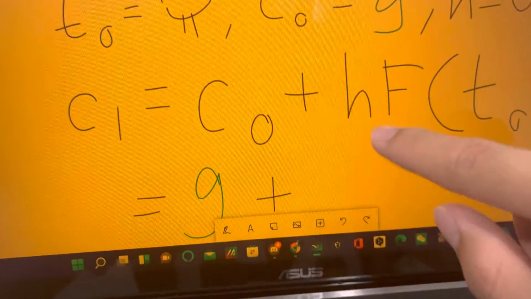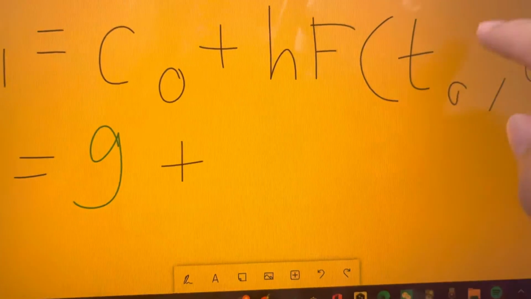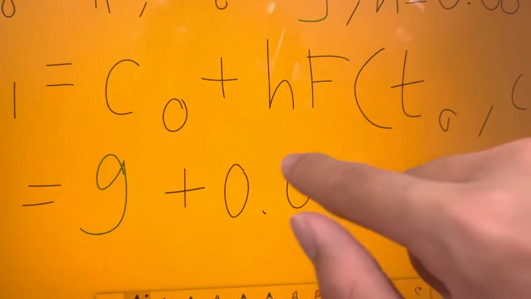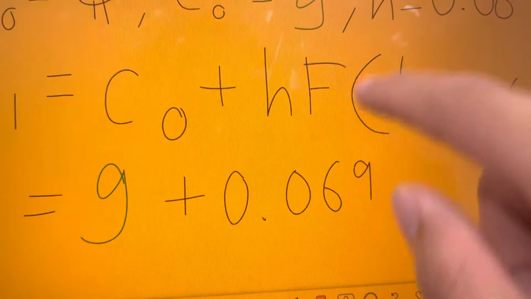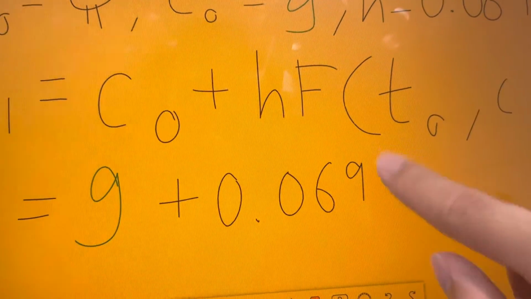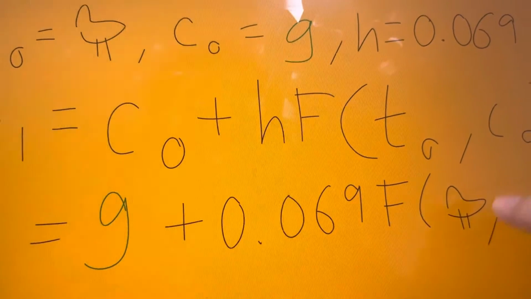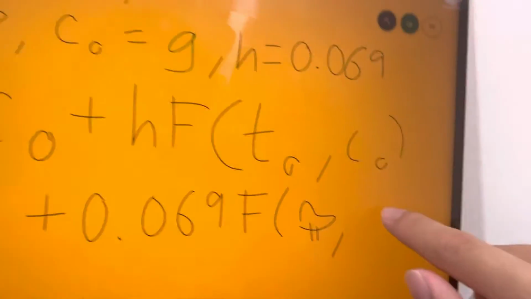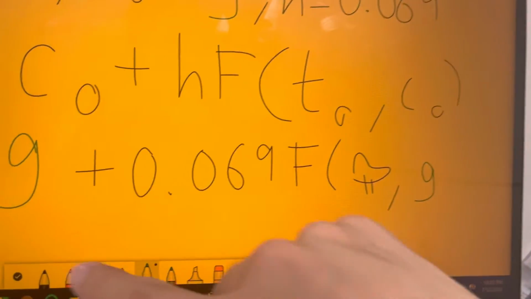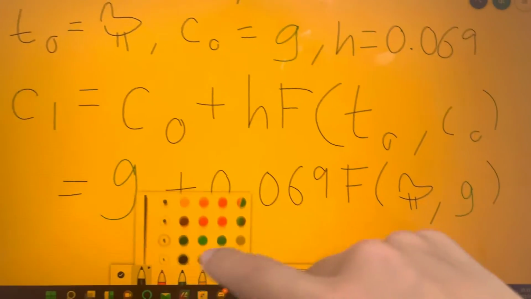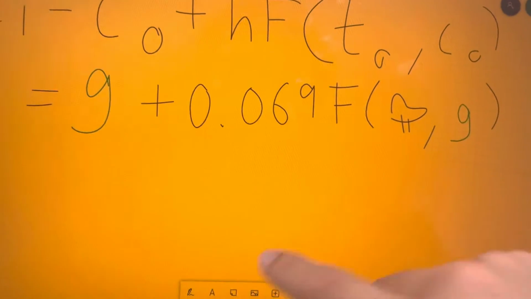Okay, so anyways, we have G plus the step size H, which is 0.069, multiplied by f at t0, G, and we know that's the green right here. You can see right there. So now let's continue.